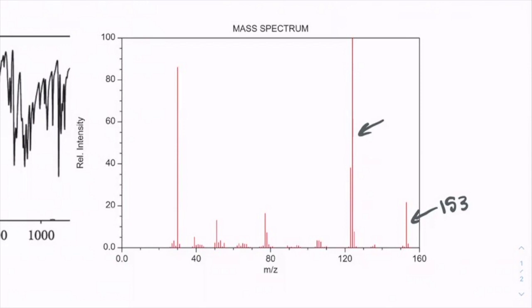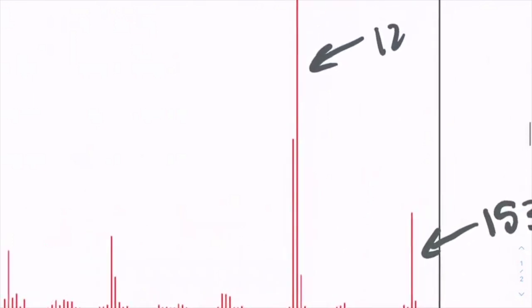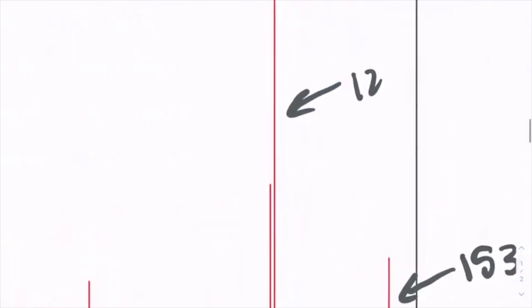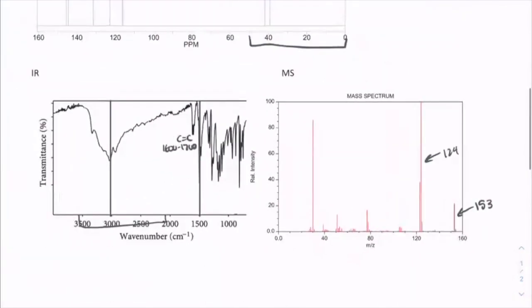Is that 124? Oh wait, it's 123. No, actually, wait, there's a little gap. There, a little red line right there. 123, 124. I think so. 124, somewhere around there. Okay. What's 150?